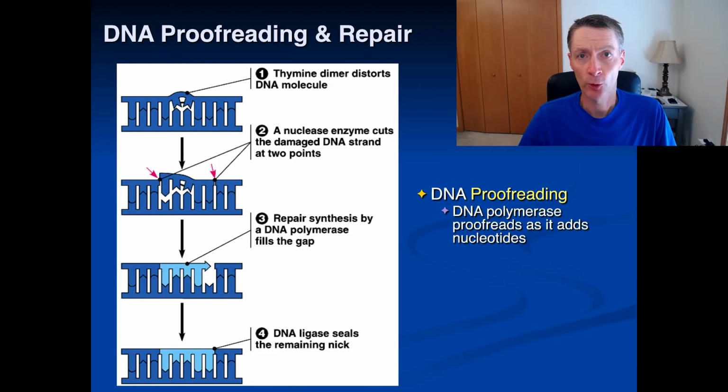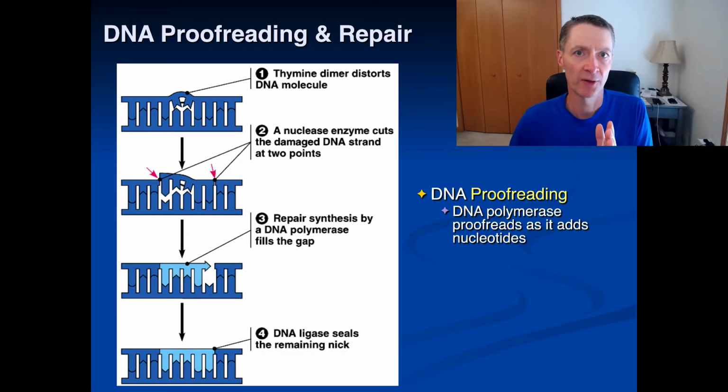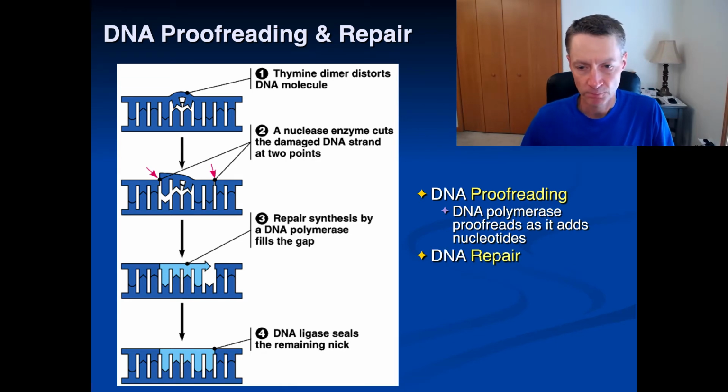If autocorrect isn't on, or sometimes it doesn't correct it the right way, I'll notice that it's actually made an error, and I'll just backspace and put in the right letters. And that's more or less what DNA proofreading is. This is the situation where the DNA polymerase is placing nucleotides, and then it almost can backspace and place the correct nucleotide for an error that's made.